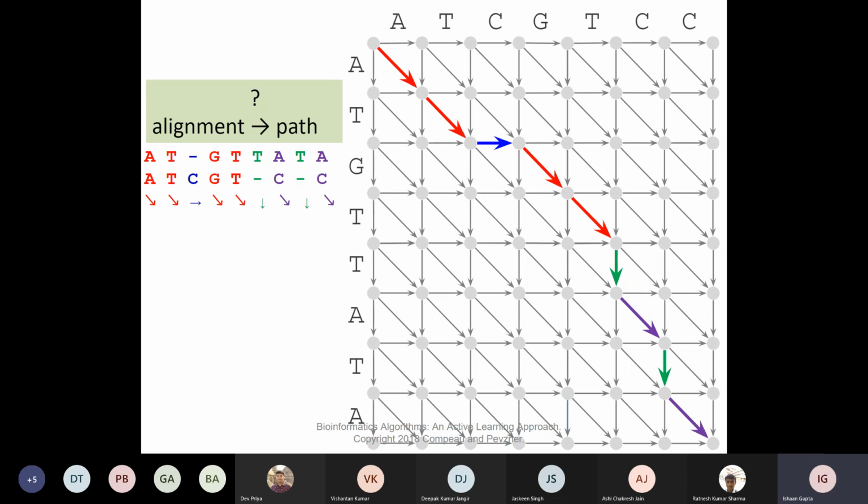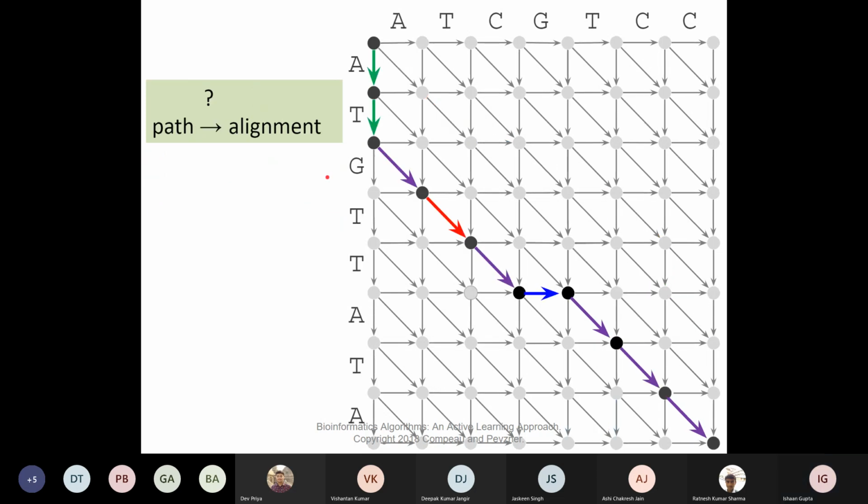Now what I was showing you earlier as the problem of reaching from one point to the other point in a weighted graph, this also represents a path of an alignment. If we were to maximize the score of such an alignment, then we would basically be mathematically solving the problem of getting the best alignment. There can be many alignment paths like this. So can somebody tell me what this alignment path represents? There are two gaps in the beginning.